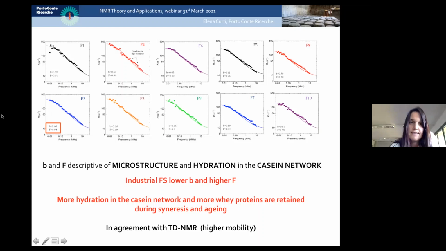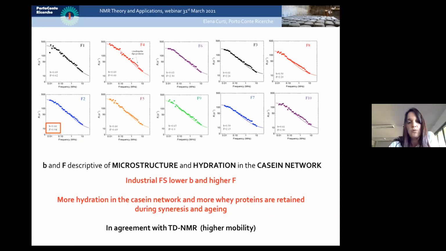If we look at the values of B and F for the industrial cheeses, we can see these samples have lower B values and higher F values. From the definition of the parameters, we conclude that in the industrial samples we have a more hydrated casein network, and we also concluded that more proteins were retained during syneresis, as we saw before in the study about the curds.